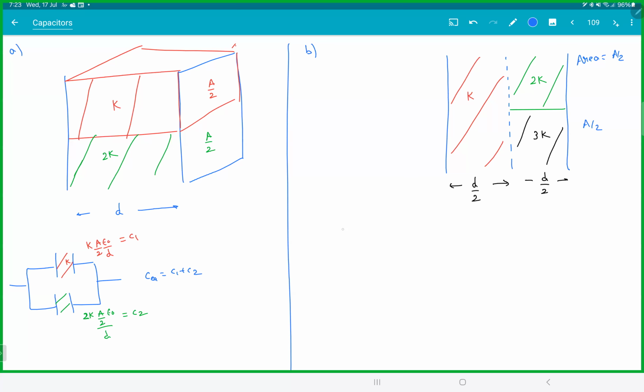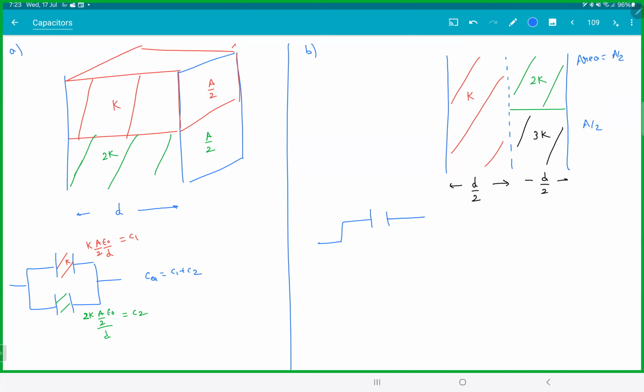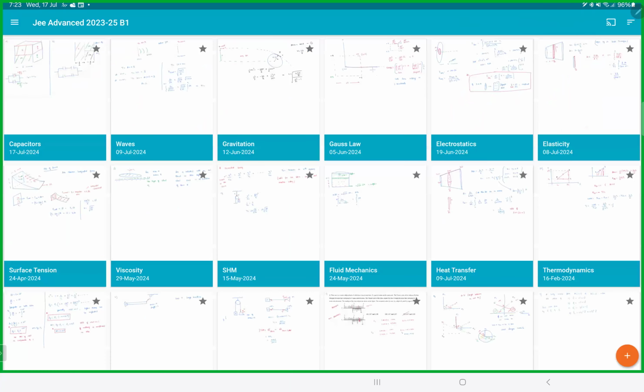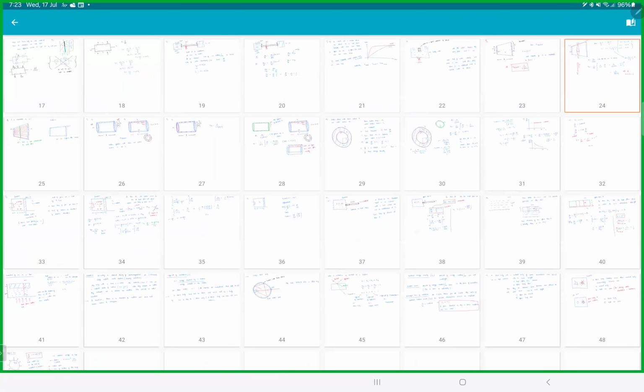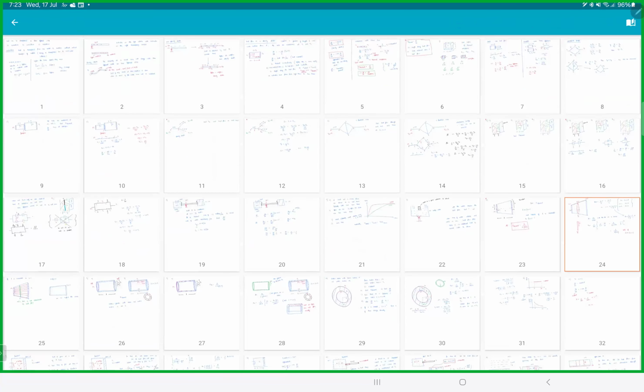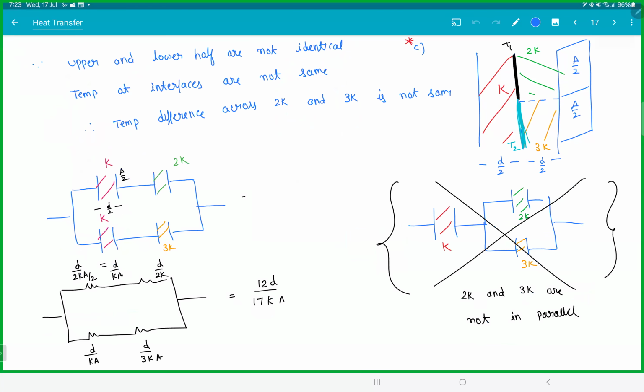You have to split this into 4 pieces because their interface will have a different potential. We have a very detailed discussion on this in heat transfer. Page 17, heat transfer.